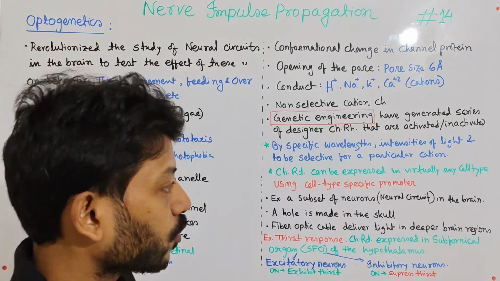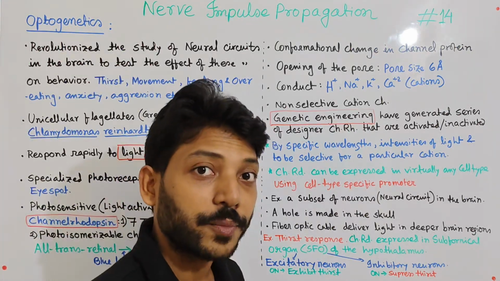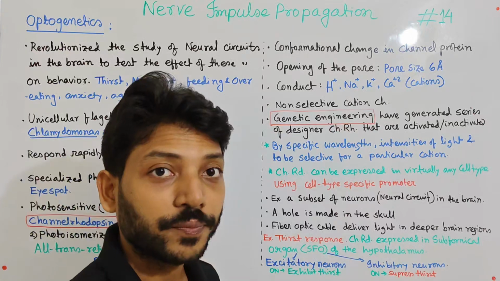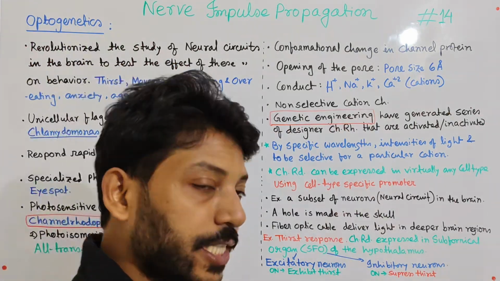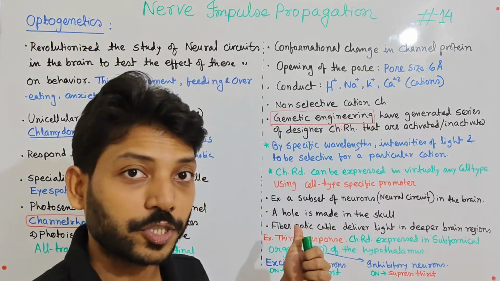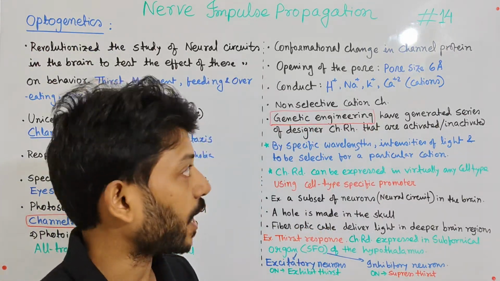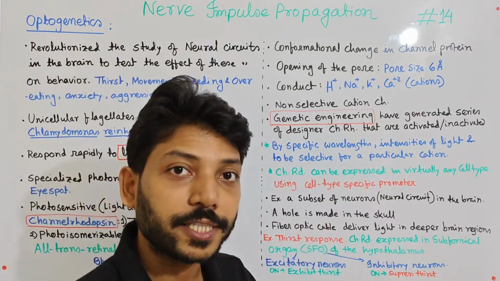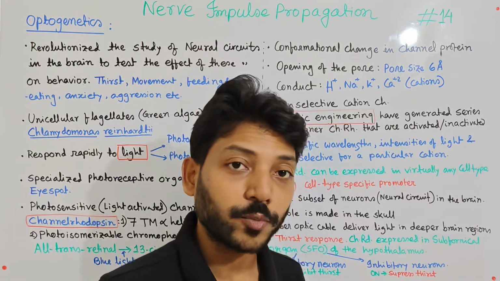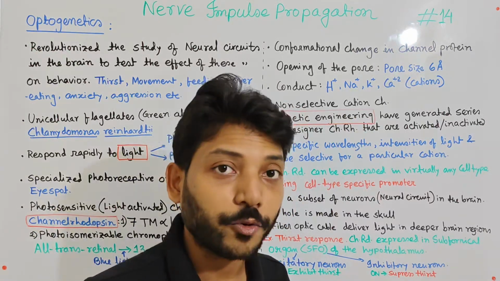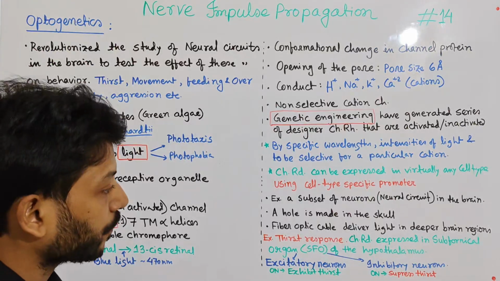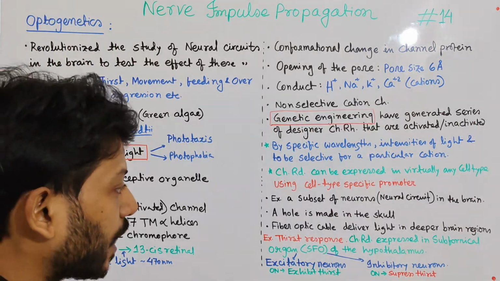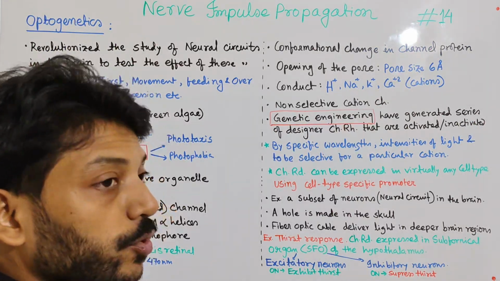For example, we can express this protein in a subset of neurons of a neural circuit in the brain. By flashing light, we can activate the channel, the channel opens and cations enter the neuron, which depolarizes the neuron and creates an action potential. A hole is made in the skull and a fiber optic cable delivers light to deeper brain regions.